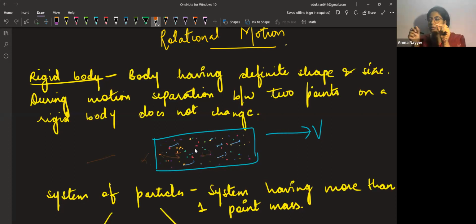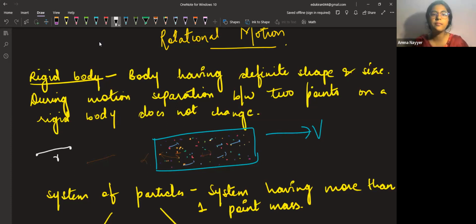Both the particles will remain at the same distance when they are moving. This is one of the characteristics of a rigid body. Two particles are present, their separation is r. Within the entire bigger object, their separation will still remain as r.